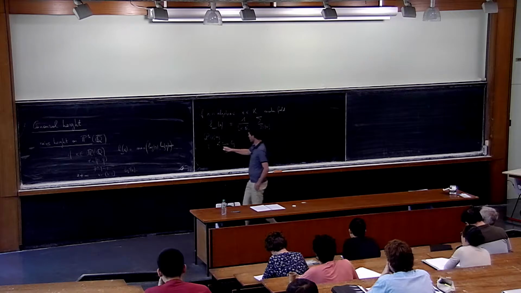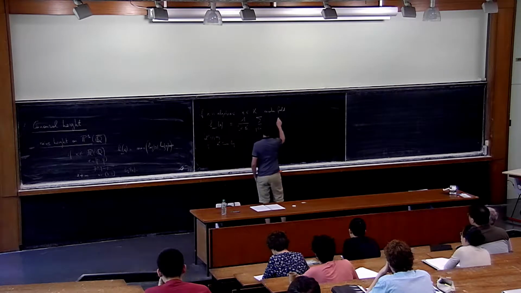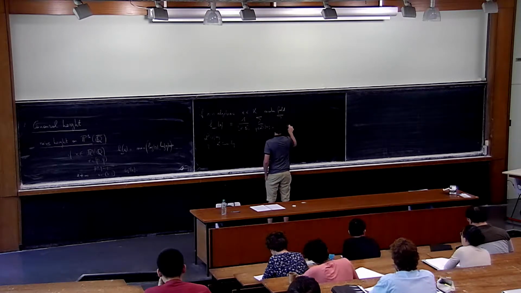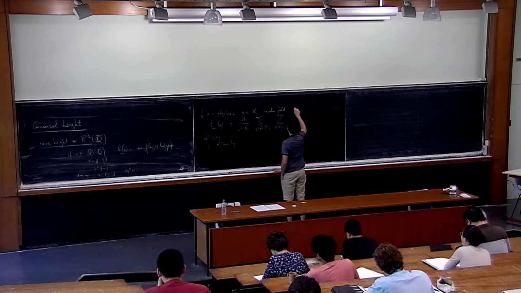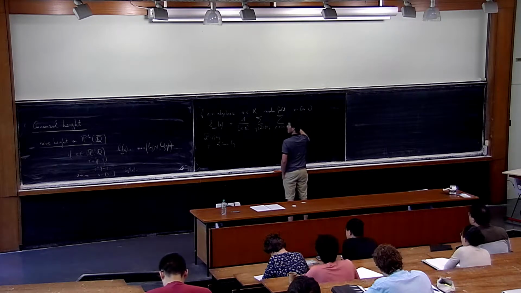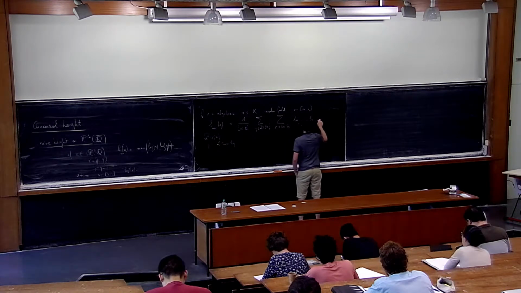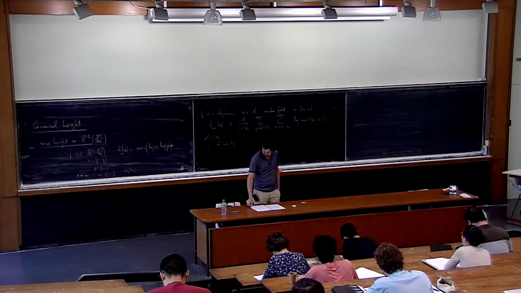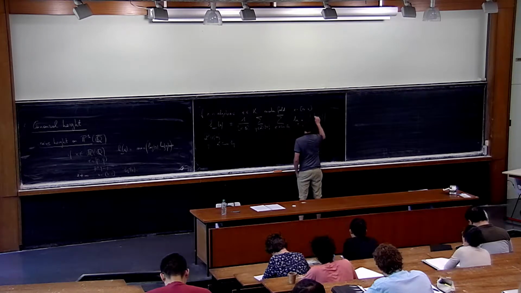And you have several ways of embedding your number field in C_p, and you will sum over all these embeddings. So you look at all possible embeddings of K into C_p, and you sum a contribution which is basically the same. So x is [x0:x1], and you take the log of the max of |x0| and |x1|. And I think there should be a plus somewhere. Let me check. No. And here, the absolute value is the p-adic absolute value.